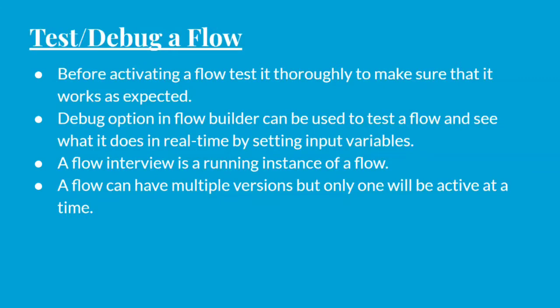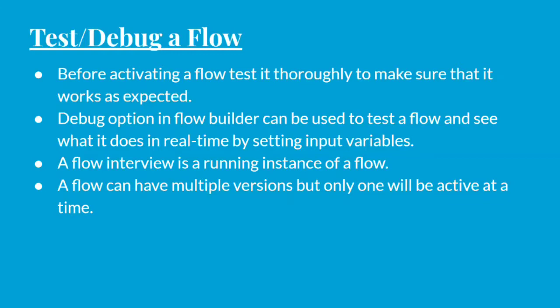A flow can have multiple versions, but only one will be active at a time. Suppose you have a basic flow defined, you can have different versions. Maybe in one version you have changed some field values, and in another version you have defined some other values. You can have those different versions, but only one version of the flow will be activated.